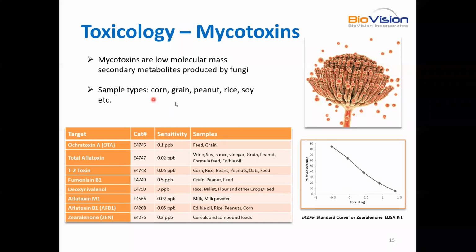Again, they can be used for a wide range of food samples. They are all very sensitive, with a very low detection range. You can see they can detect as low as 1.1 nanogram or 0.02 nanogram of these toxins in the samples.